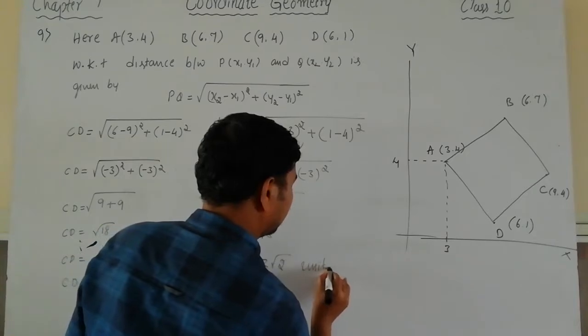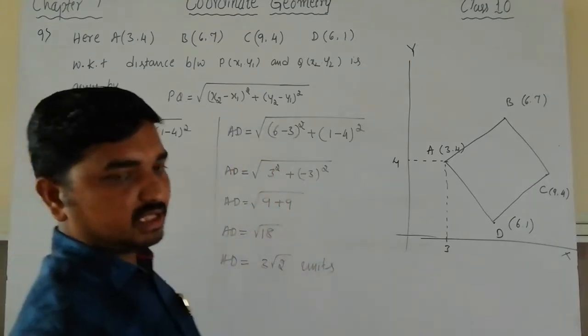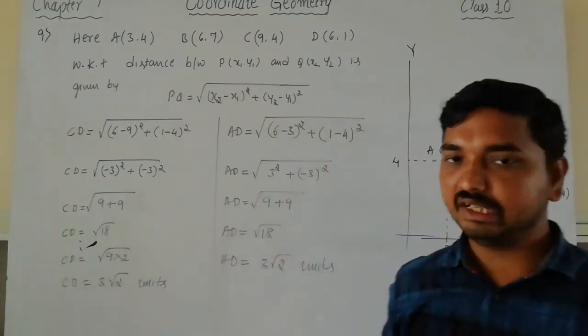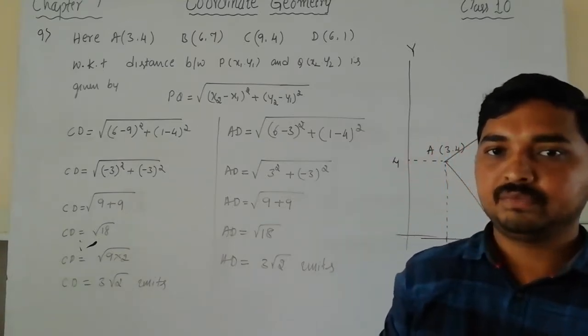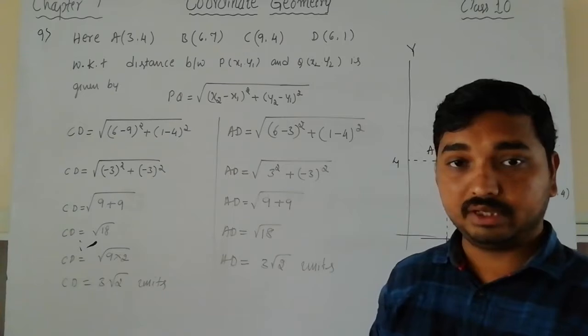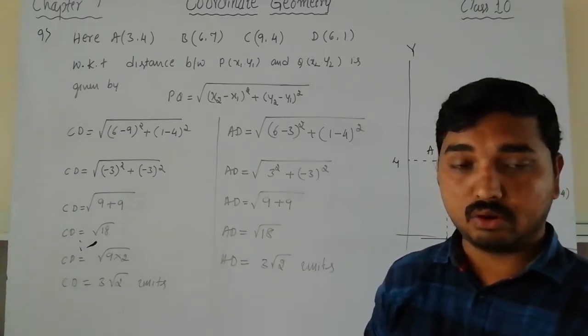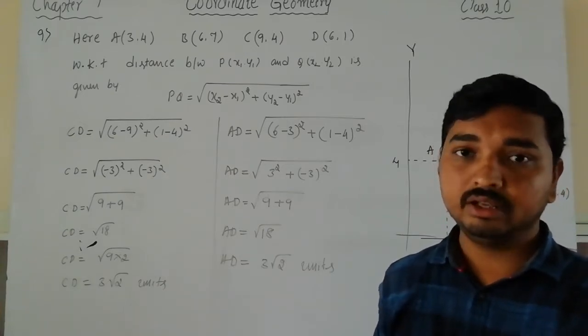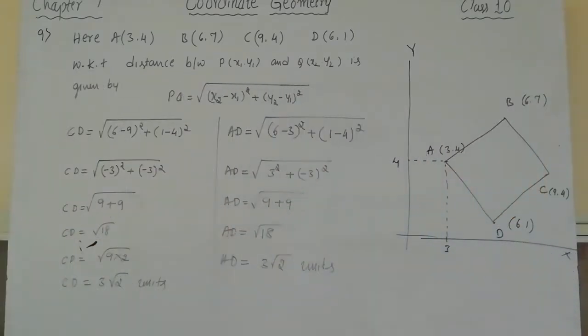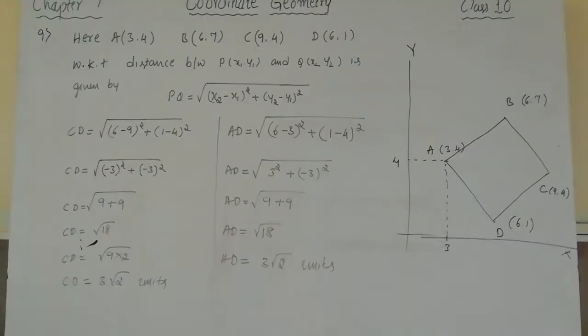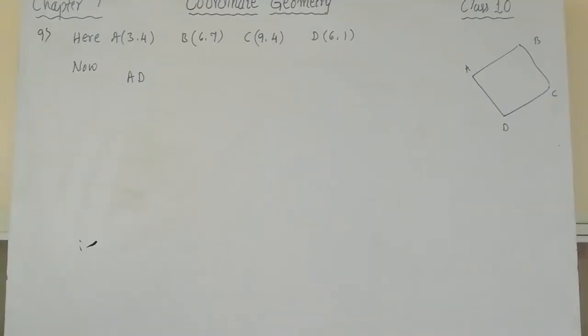So we got AB is equal to BC is equal to CD is equal to AD. But don't immediately say it is a square, because we need to verify whether it is a rhombus or a square. For this we need to calculate the diagonals. Now look at the diagonals.